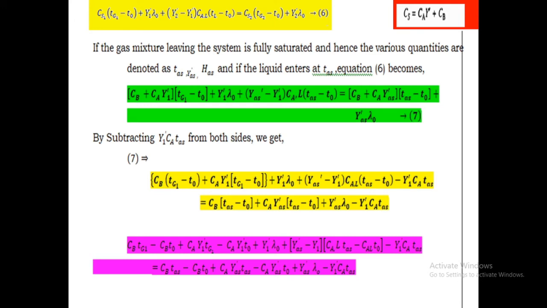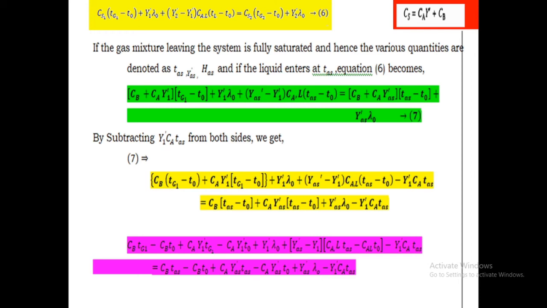Okay. So here in equation 6, what is the inlet gas condition? CS1 into Tg1 minus T0 plus Y1 dash lambda naught. So this is the inlet gas value. What is the CS? CS is nothing but humid heat. This is one of the important terminologies used in humidification. So you refer on the right hand side the red color indication. What is the CS formula? CS is equal to Ca into Y dash plus Cb.